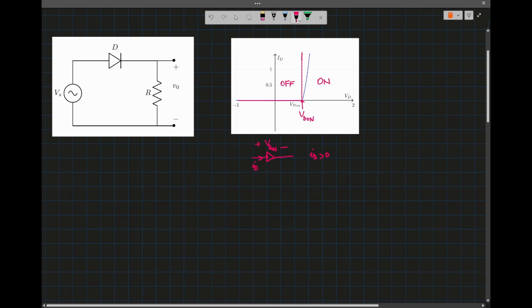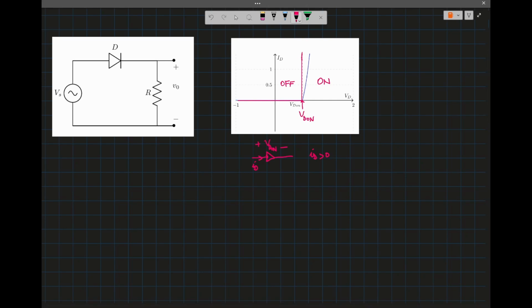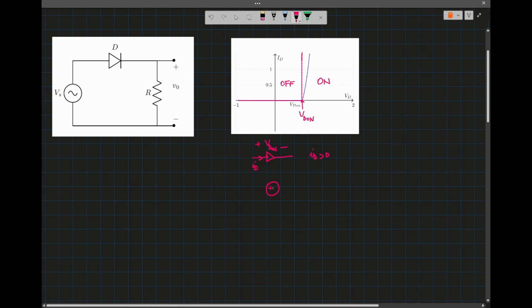So the current to the diode will be positive when that diode is on. So I can replace the diode by this voltage, which I call VD on, and the current to the diode will be ID.